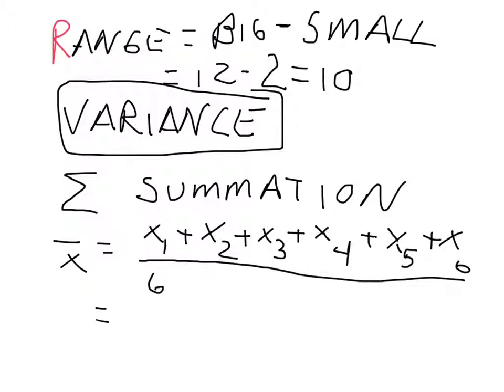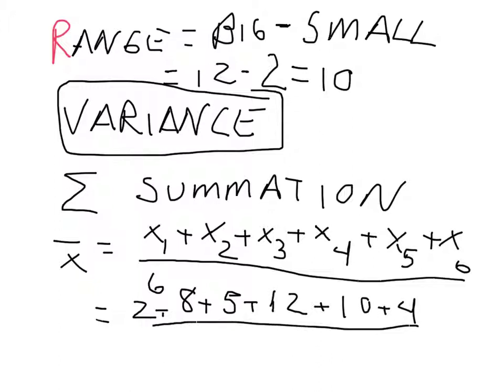And that would have given me the 2 plus 8 plus 5 plus 12 plus 10 plus 4 over 6. Aha.